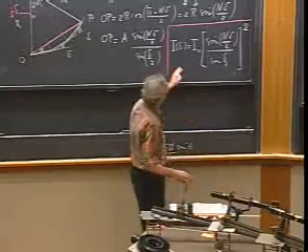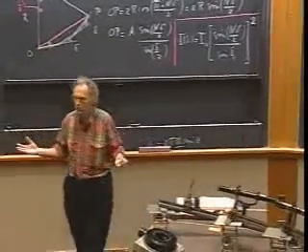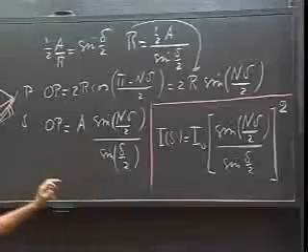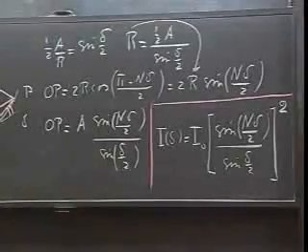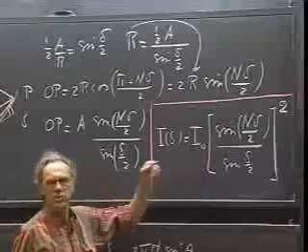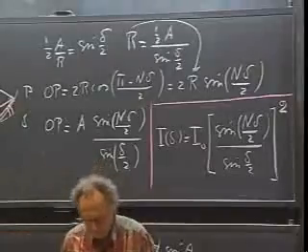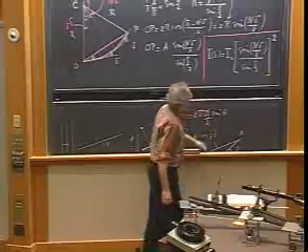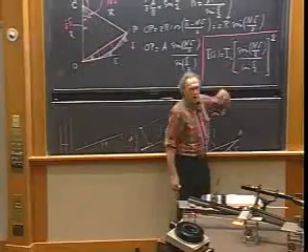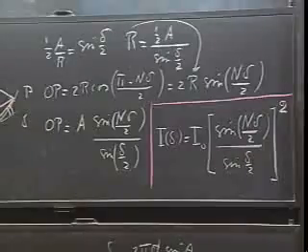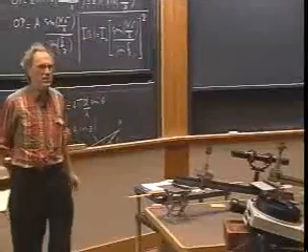Now, the intensity, always think in terms of watts per square meter. And the meaning of I0 is that if there were only one opening in the screen instead of n, then this is the intensity that you would see, I0. Now, if the upstairs here is 0, you would think that the intensity is 0. That is not always the case.